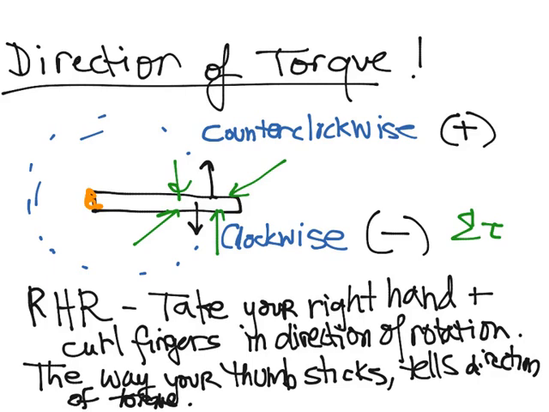Alright, so tomorrow in class we're going to be calculating net torque on systems and also doing this thing called rotational equilibrium, where we figure out the sizes of forces that are applied in order to keep something from rotating.